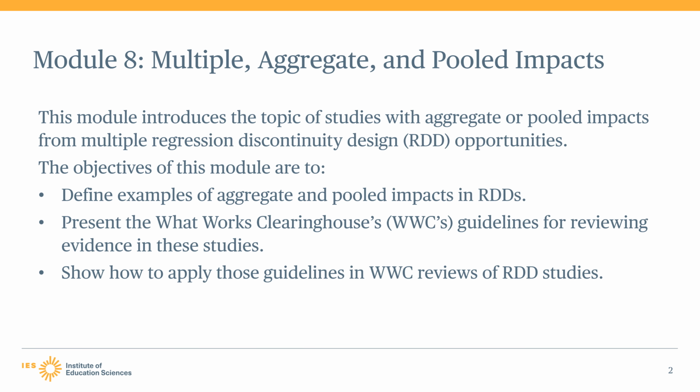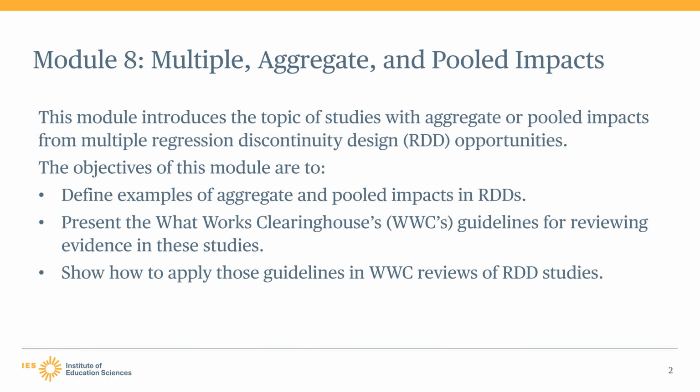Now, when assessing criterion B, the requirements for graphical evidence of continuity must be applied across all combinations of forcing variables, cutoffs, or samples. More specifically, there must not be evidence of a discontinuity larger than twice the standard error of the impact at any value outside of the cutoff, but within the bandwidth of any forcing variable for any sample.